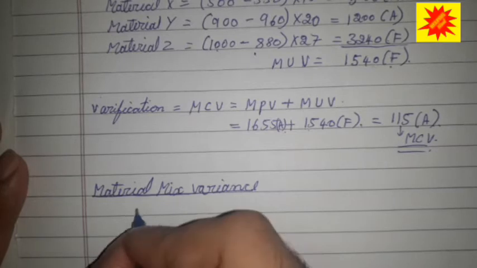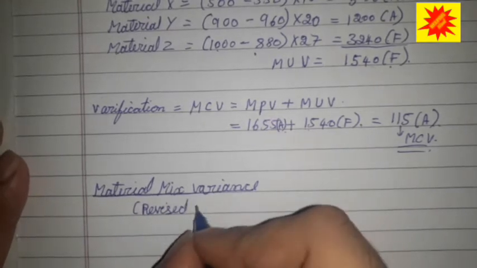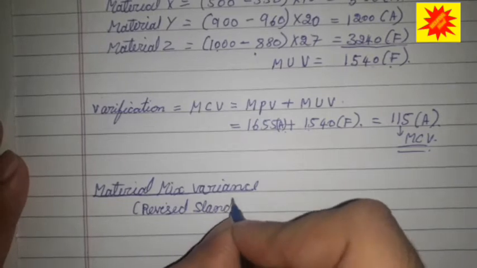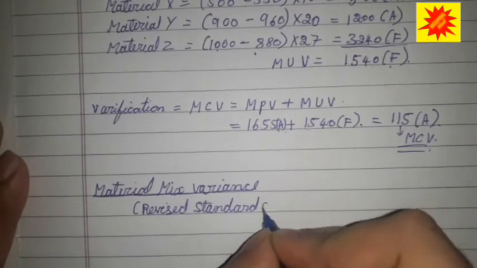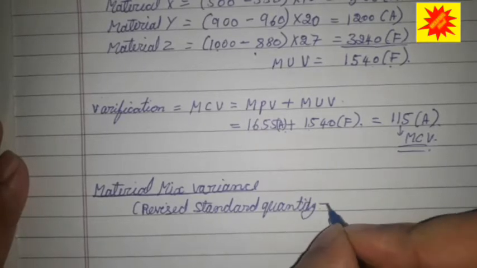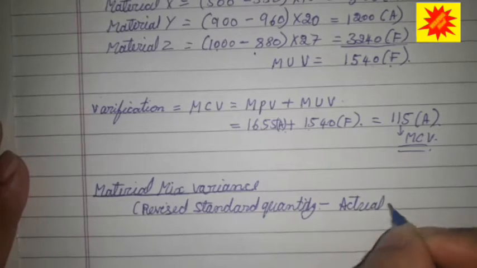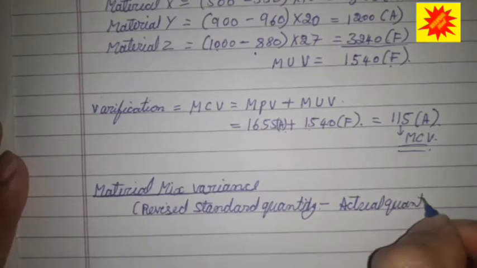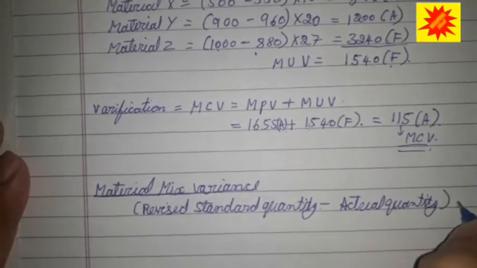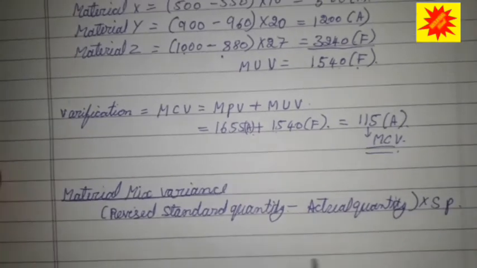The formula for this is revised standard quantity minus actual quantity into standard price. So to remember this, it's very easy.